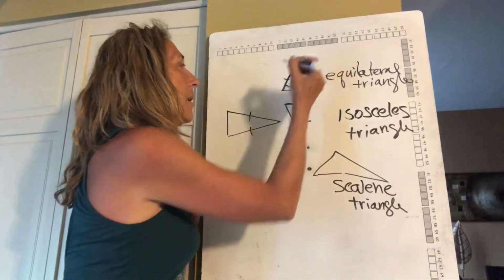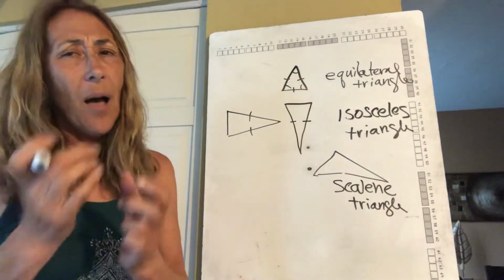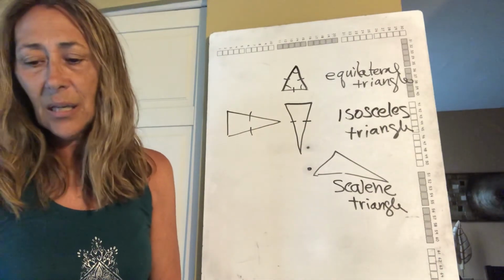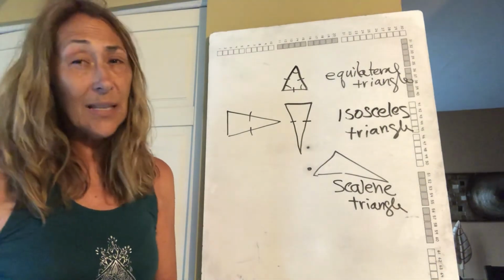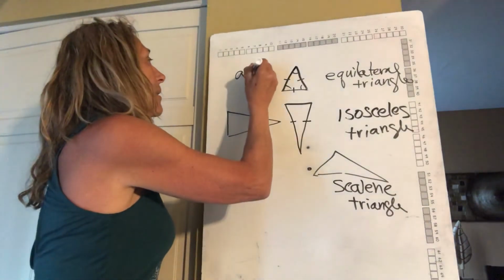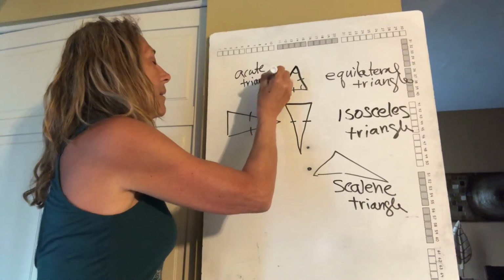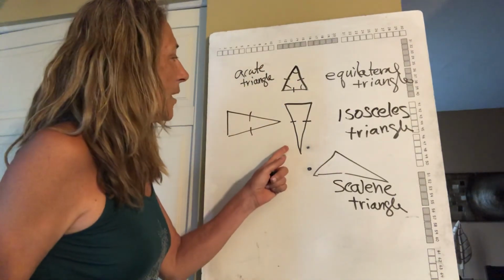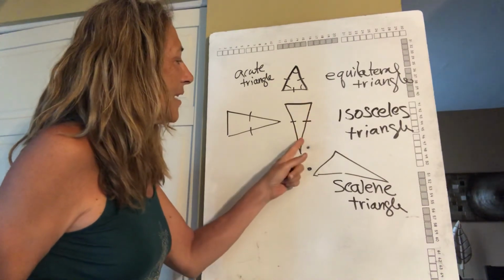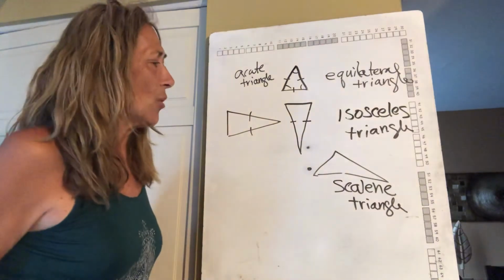And if I'm going by my angles, each angle is less than 90, so it's an acute triangle. I'm looking at this one. This looks less than 90. That looks less than 90. That looks less than 90. So this one's also acute.